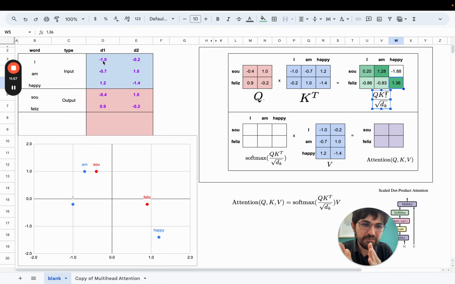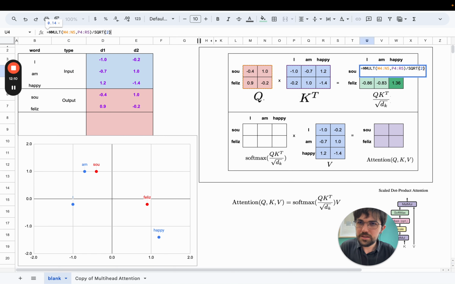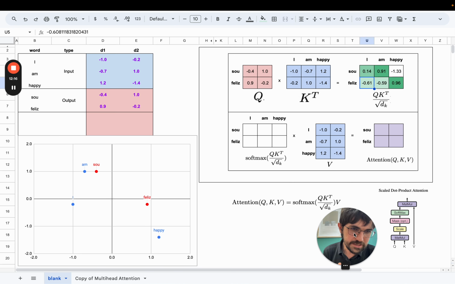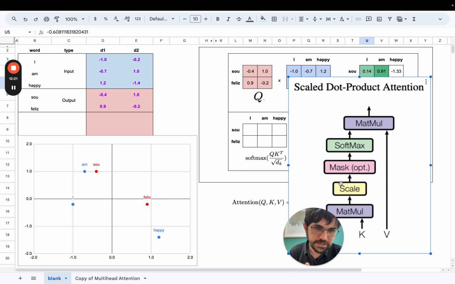In this case, we have just 2 dimensions in our vectors, so we just need to divide this by the square root of 2. So let me just implement here, and done. Now we have this scaled, which is the operation that we see here in the image, this part here. So we just performed this matrix multiplication, and then we did this scaling.